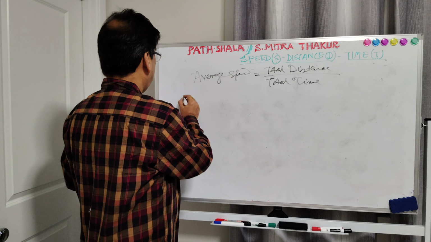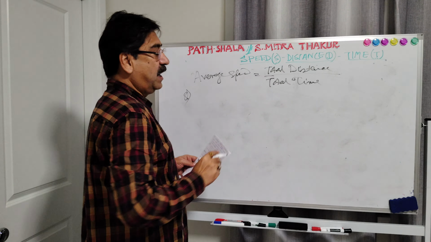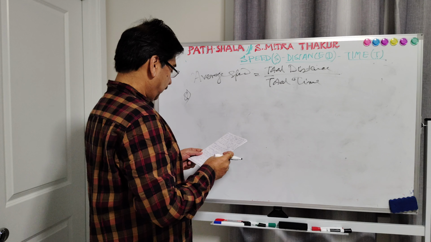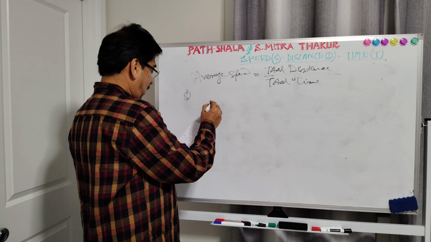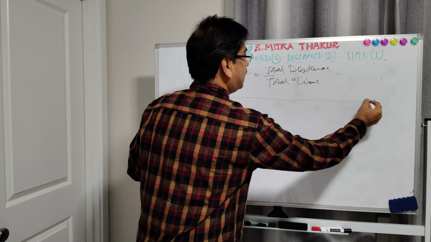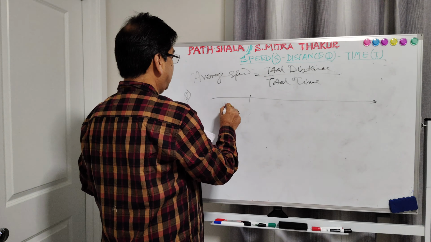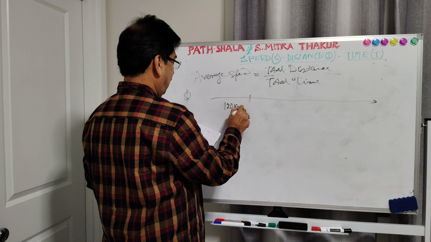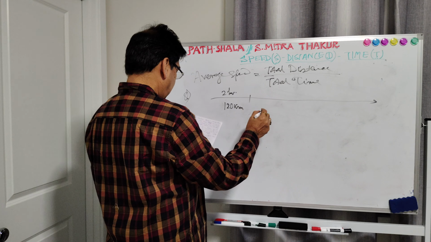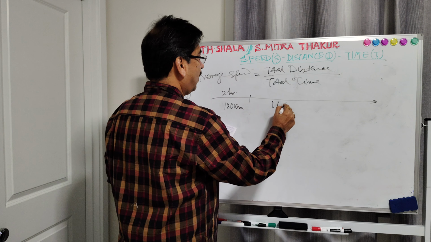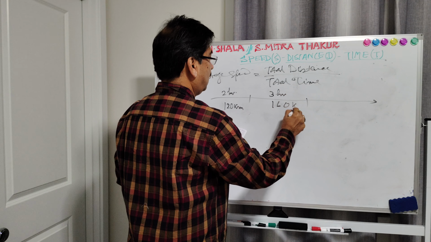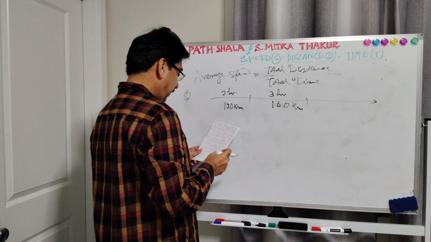Suppose, if I do a math, then you can understand how to calculate the average speed. Suppose a train is running: 120 kilometer in 2 hours, then 160 kilometer in 3 hours, right?